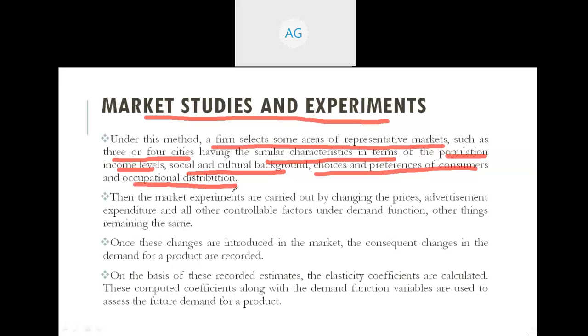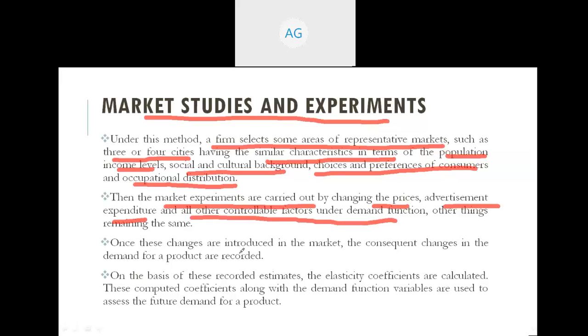So here the organization needs to identify 3 or 4 cities or even more which have the same characteristics and same group of population. Then the market experiments are carried out by changing the prices, advertisement expenditure, and all other controllable factors under the demand function, other things remaining the same.